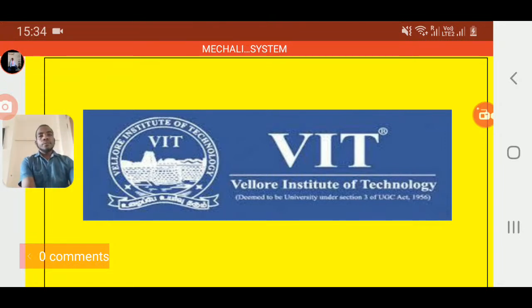I'm from VIT. In the previous class, we saw how to find the transfer function for electrical systems, or electrical modeling systems. We saw how to find the transfer function from the given electrical circuits, that means maybe RLC circuits or RC circuits.